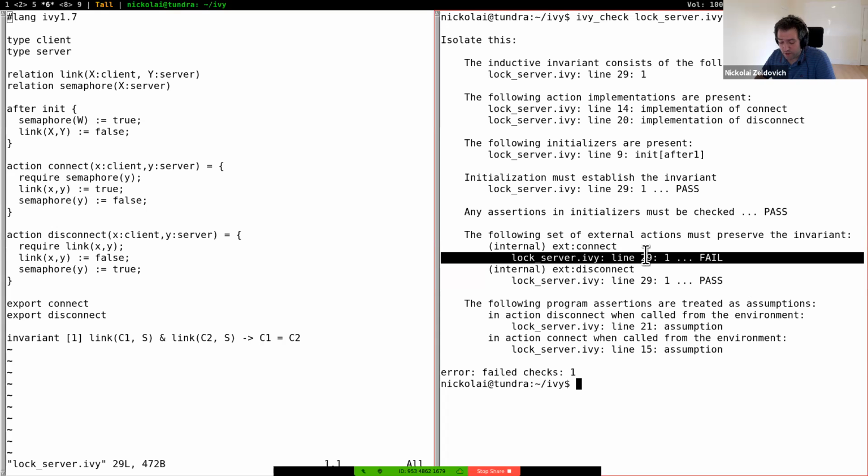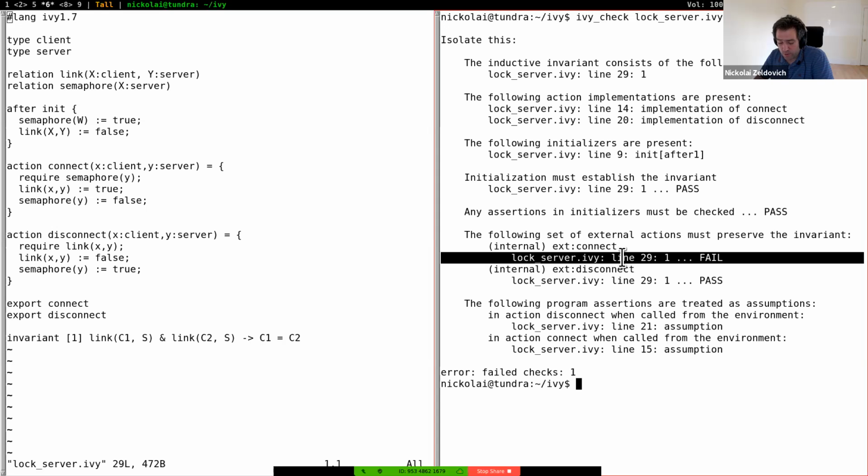And it turns out one of our transitions fails. So let's see what the heck's going on here. This actually has to do with this non-inductive invariant business that the paper talks about, and we were sort of talking about on the previous boards as well. So let's try to understand what's going on.